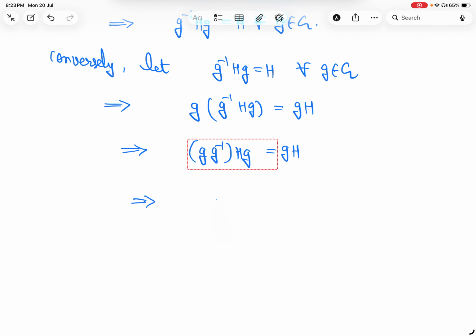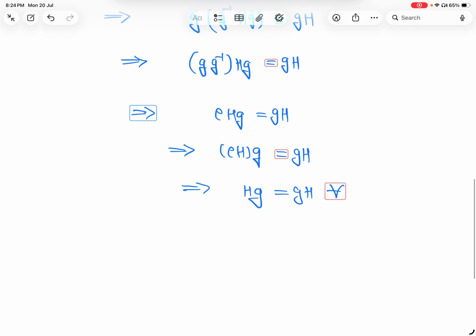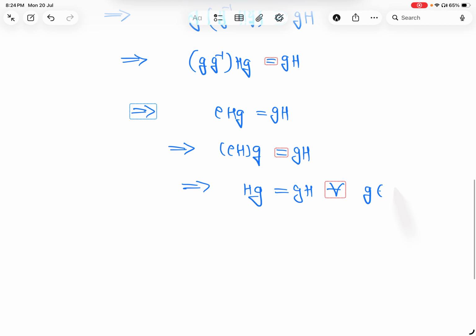So this is what? eHg. So this is Hg is equal to gH for all g belongs to G. So this implies H is normal in G. So it is proved.